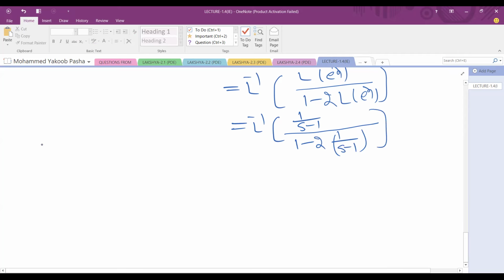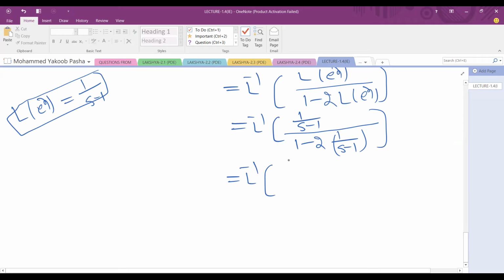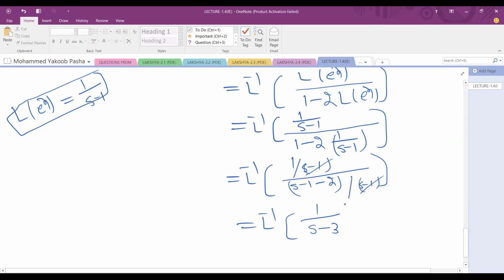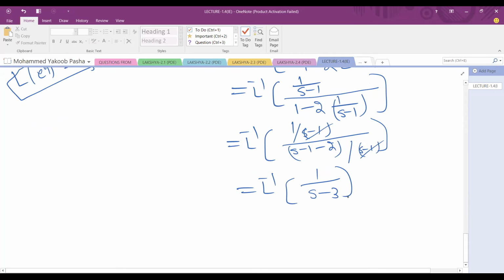Taking the LCM s minus 1, we get s minus 1 minus 2 divided by s minus 1. Here s minus 1 will be cancelled out. So this is equal to L inverse of 1 by s minus 3. L inverse means inverse Laplacian.